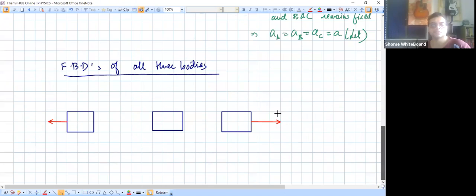So this was F1, which was 25 newtons. This was F2, which was 10 newtons. Okay. Then there was some tension in this thread. So let's say that was T1, and then there was some tension in this other thread.